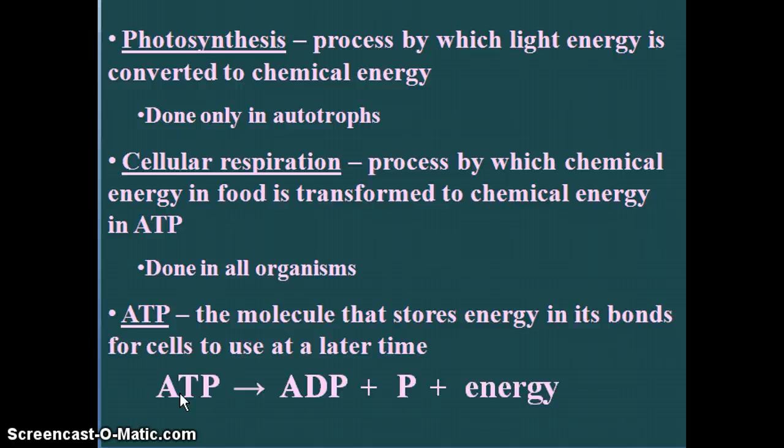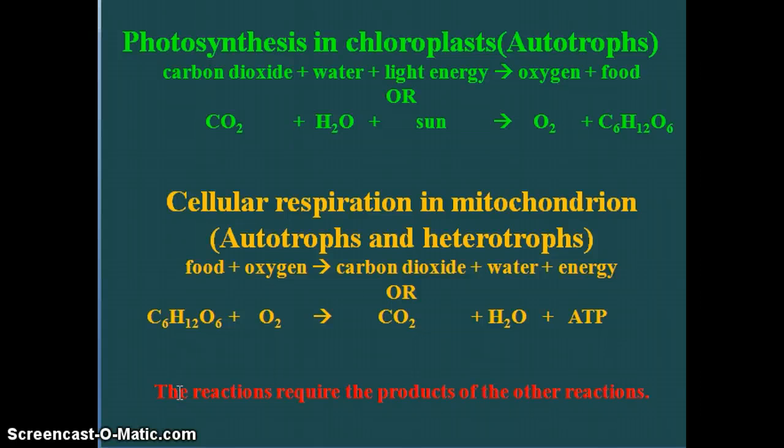If you see the formula here, ATP, which is energy, you break that down, and on the other side you see ADP plus P plus energy. If we look at the next slide, photosynthesis occurs in the chloroplast. That's an organelle, and autotrophs are the only ones that contain the organelle chloroplast.